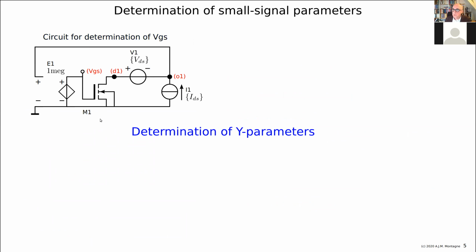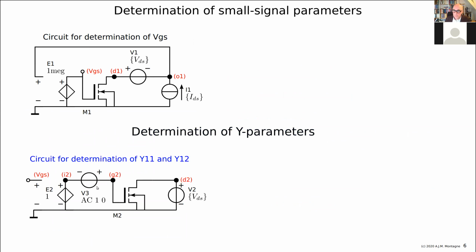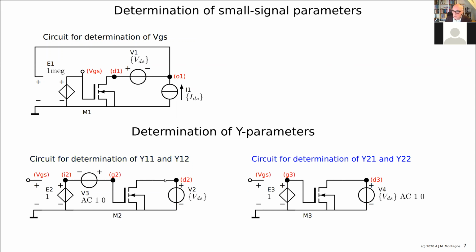And then it copies it into another MOSFET. So we have the same VGS there, but now we put an AC source in series, which means a small signal source there, and we can measure the Y parameters from input to output. So we can measure the input admittance and the transfer admittance. That's what we can do, and we have another circuit for doing it the other way around.